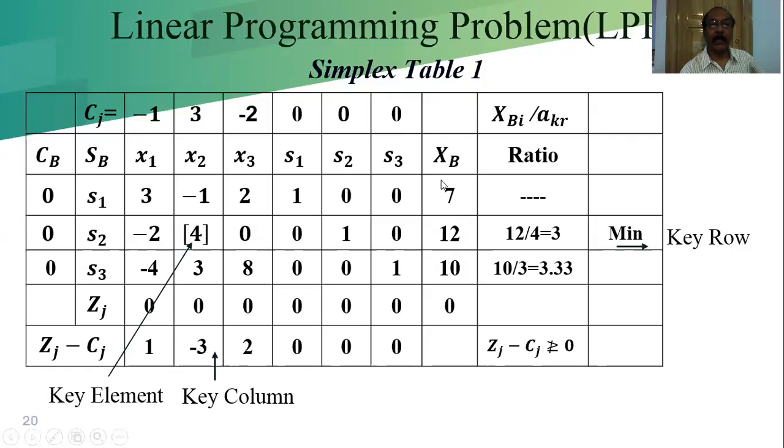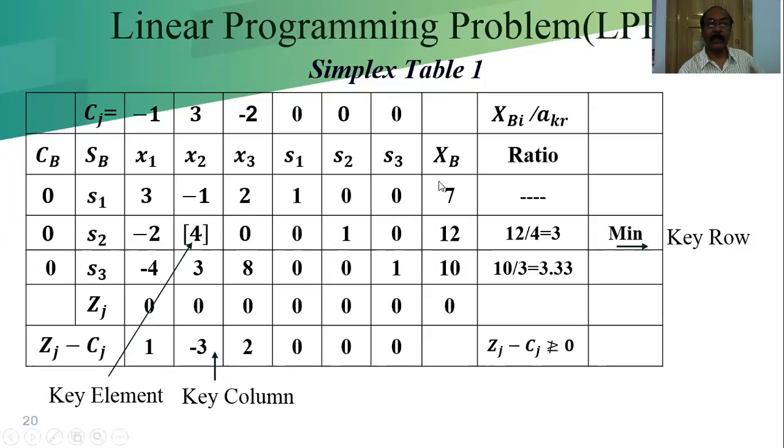And by using the formula, we can calculate it. 7 will be 7 minus corresponding value in the key column minus 1, and corresponding value in the key row. So 7 minus of minus, that means it will be plus 12 by 4, 3. So this element will be the 10. Minus of minus 1 into 12 divided by 4, we will get the 3.